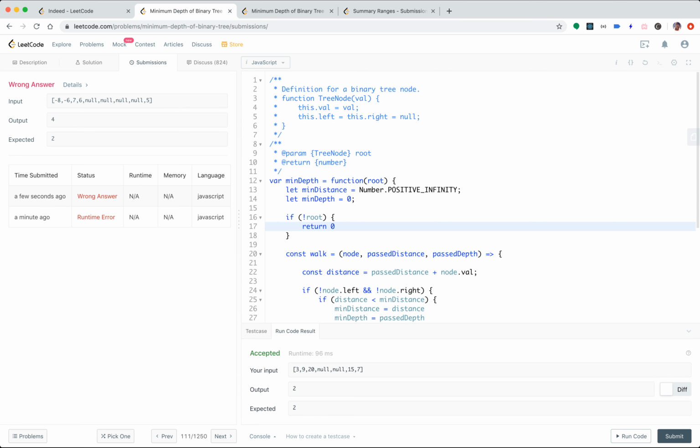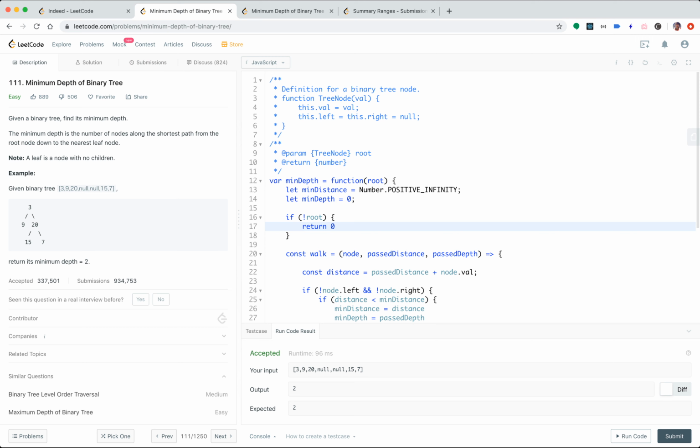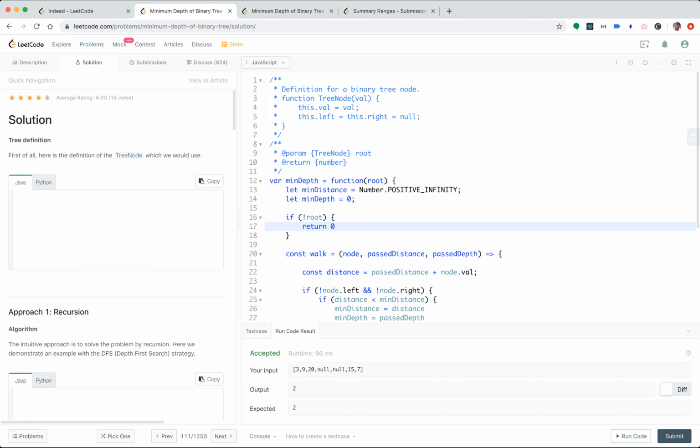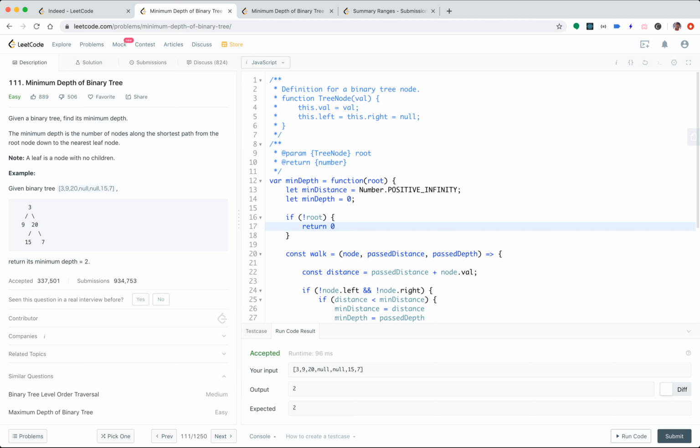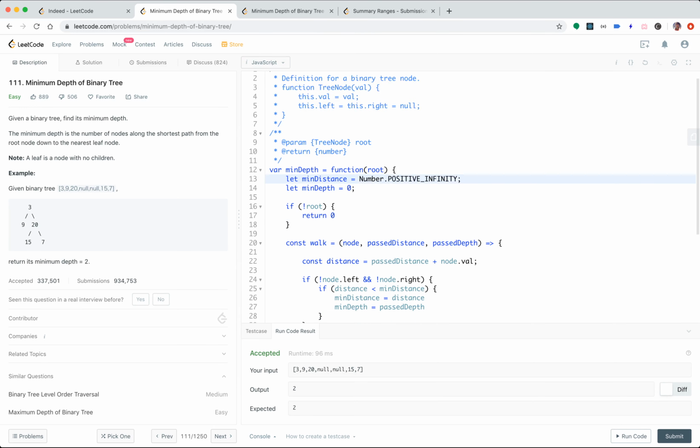I'm not sure what it means by shortest path. If the tree has a number, what does it mean? We don't check the sum. We don't check what the number is.